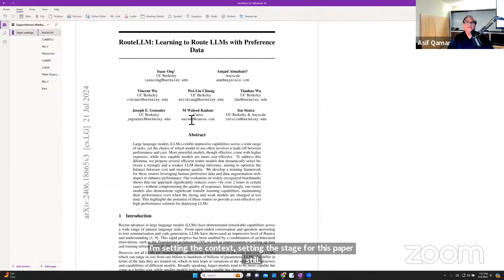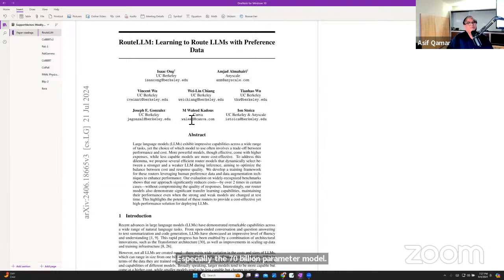Quantization helps. Now, if you have quantized, you realize that when you quantize down to 16 bits, it still works quite well, especially the 70 billion parameter model. Quantize it down to 8 bits, performance is still quite acceptable. What happens when you quantize down to 4 bits or 1 bit? I don't know if you have played with it.